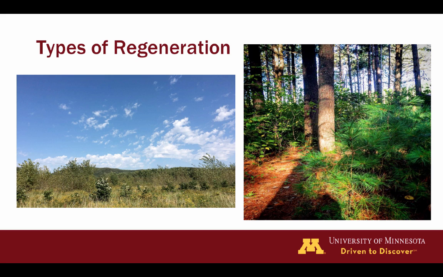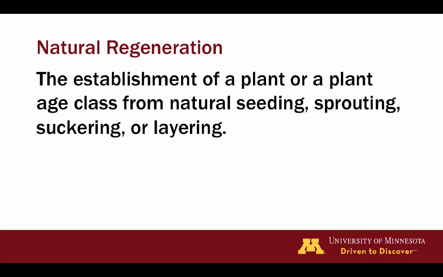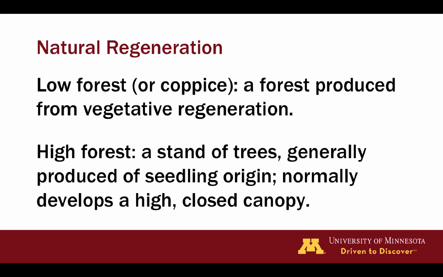So we can talk about different types of regeneration. We can broadly classify these into two categories, natural and artificial regeneration. Natural regeneration is, again, natural seeding, sprouting, suckering, or layering. And we can think about natural regeneration in this low forest.